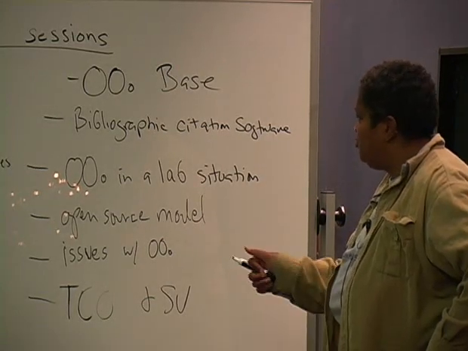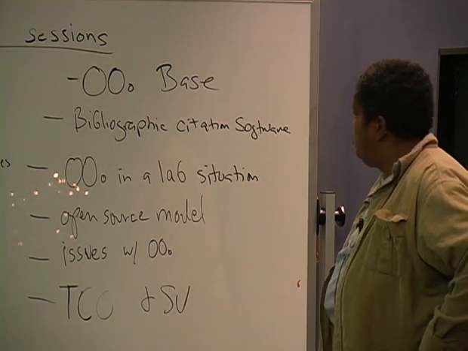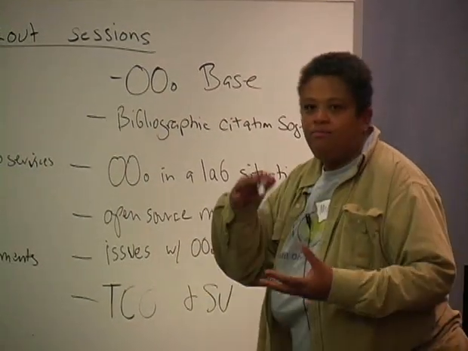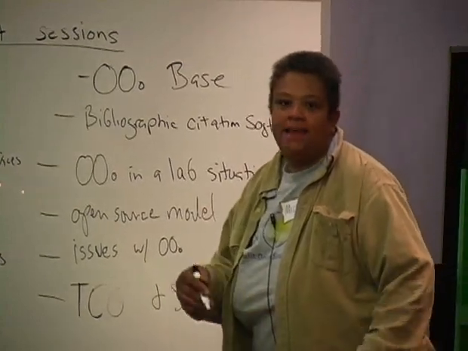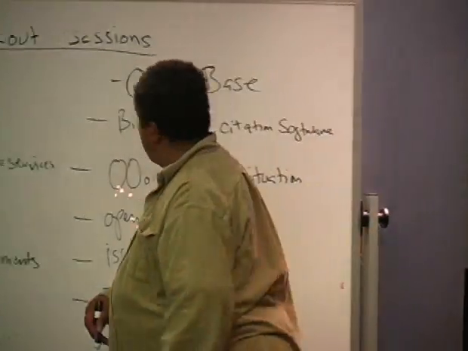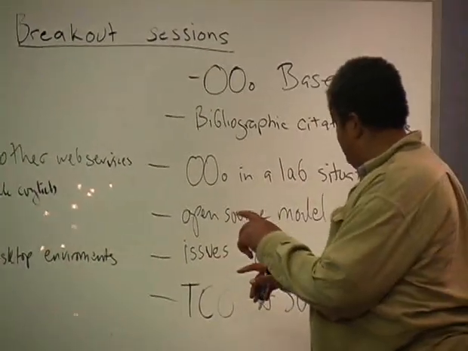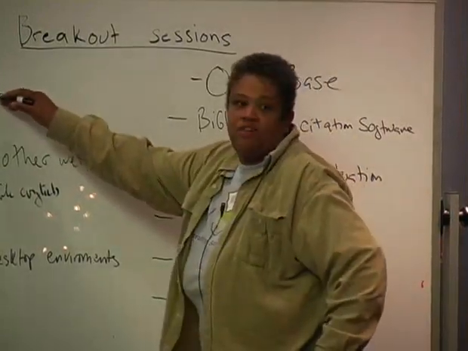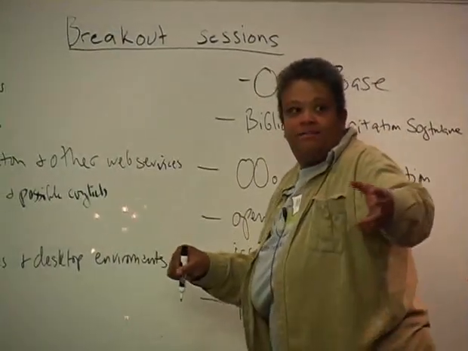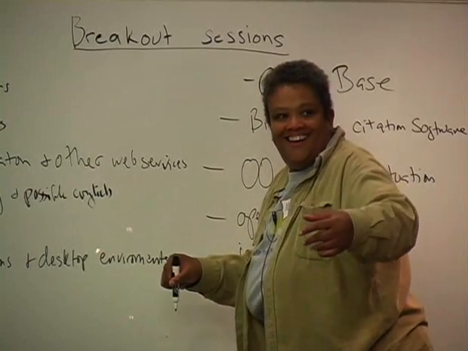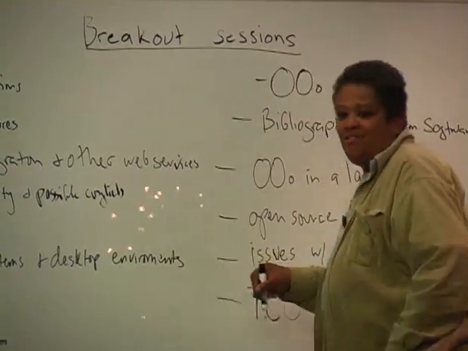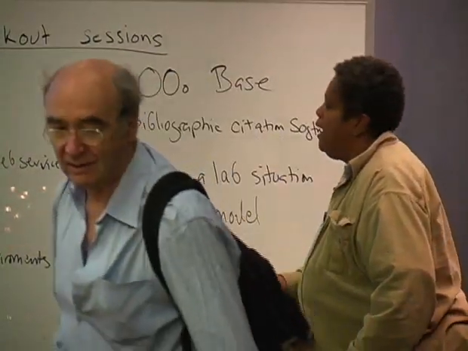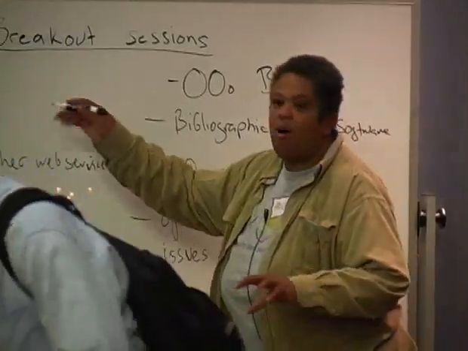I don't have any little stickies, but why don't I just take hands for each of these, and then we'll pick the top, say 6 or 8, and do those. And actually, do people think that the policy questions and the issues with OpenOffice.org were sort of the same?